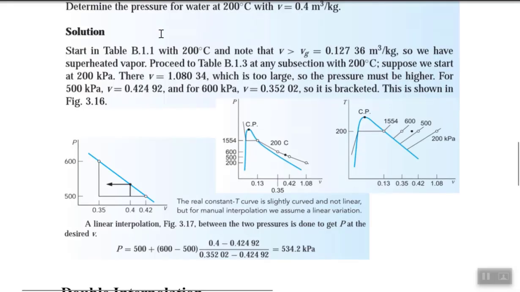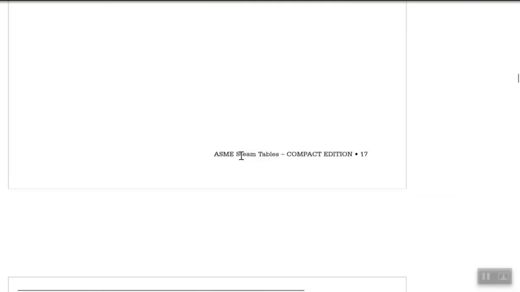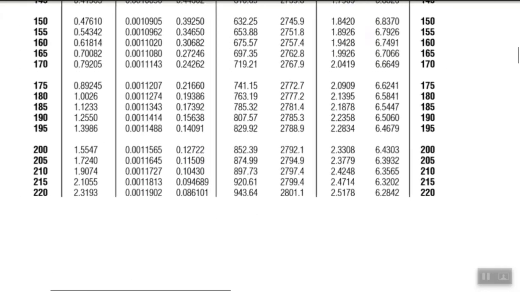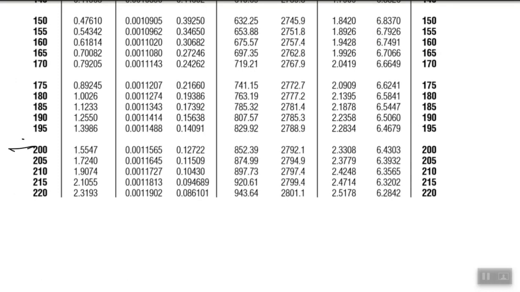Now, in the saturation temperature table at 200 degrees centigrade, we have to find the volume. So let's check the volume at a temperature of 200 degrees centigrade. This is our temperature, 200 degrees centigrade, and let's check the volume.